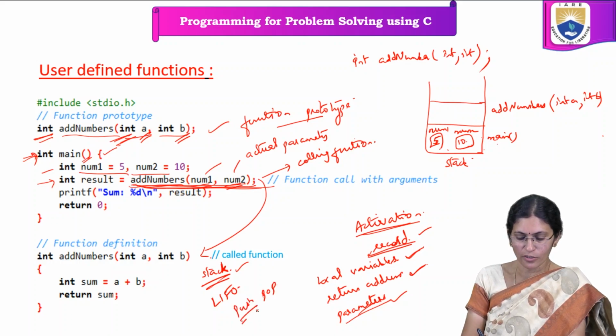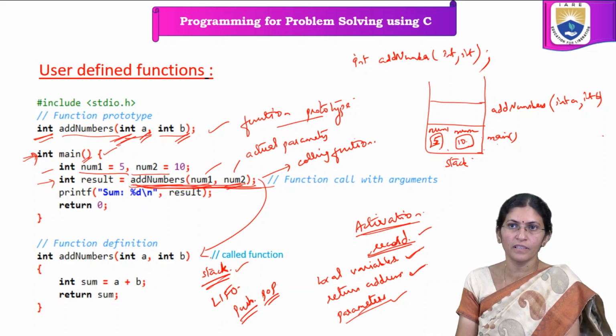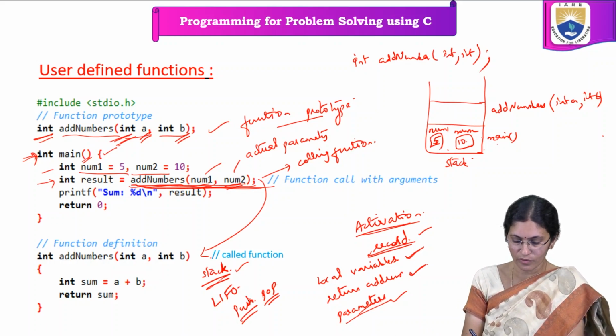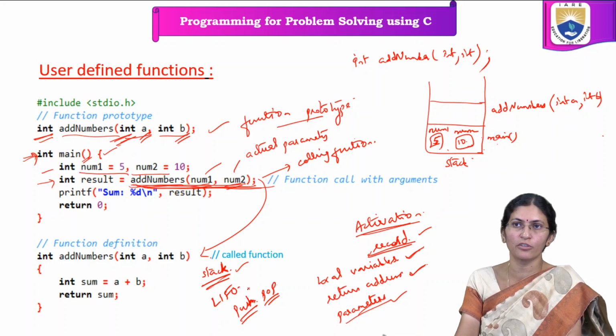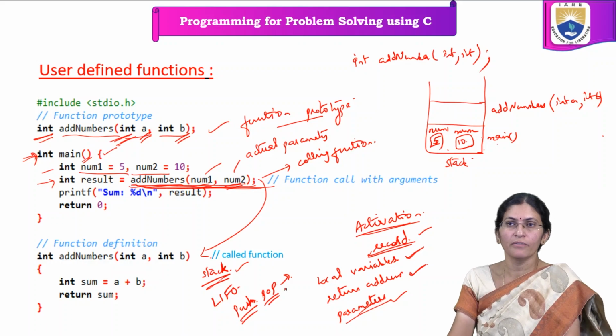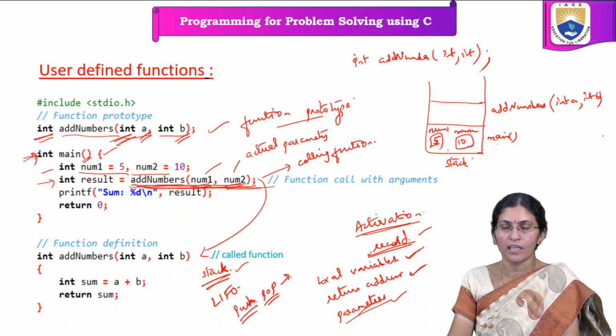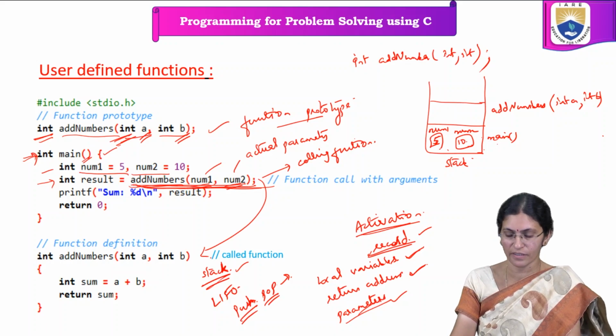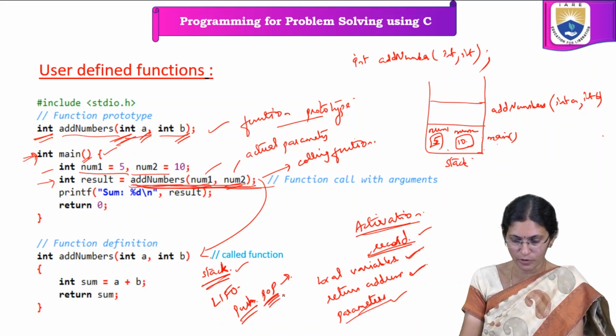A push operation is performed whenever we need to insert or place an element onto the stack. A pop operation is performed whenever data or elements are to be removed or deleted from the stack.